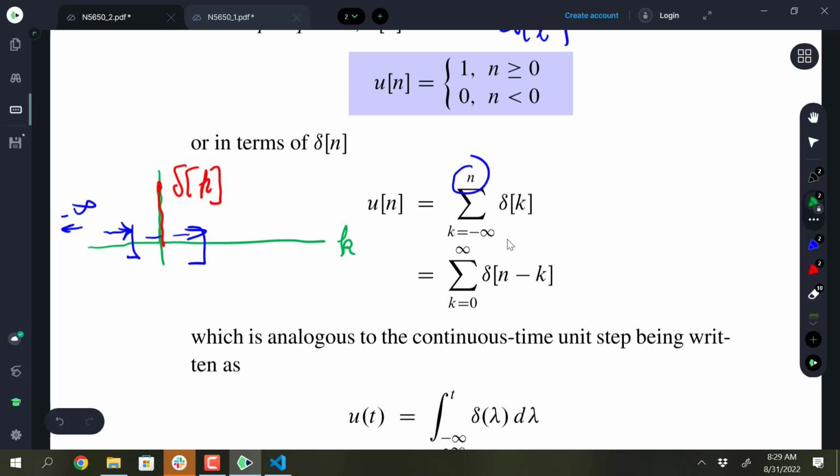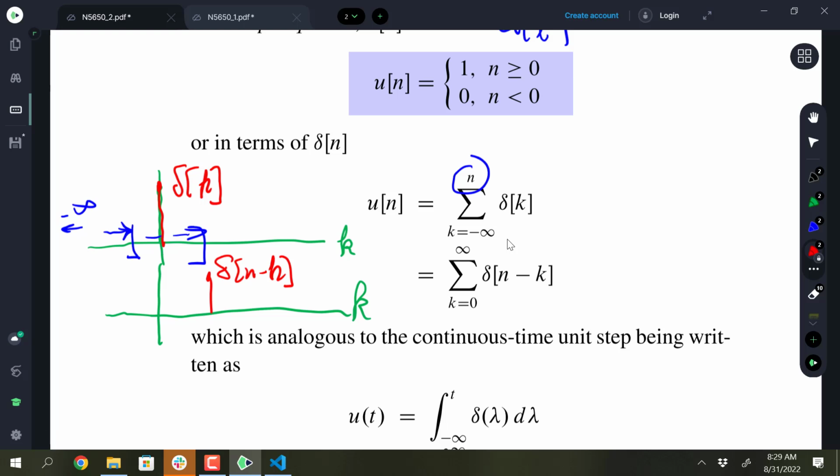Now I'm going to take the other point of view. There are always two ways to do something like this. I'm going to draw this picture, and this is the delta. Delta of n minus k, that's going to occur where? When k is equal to n, right? So I put an n right down here.